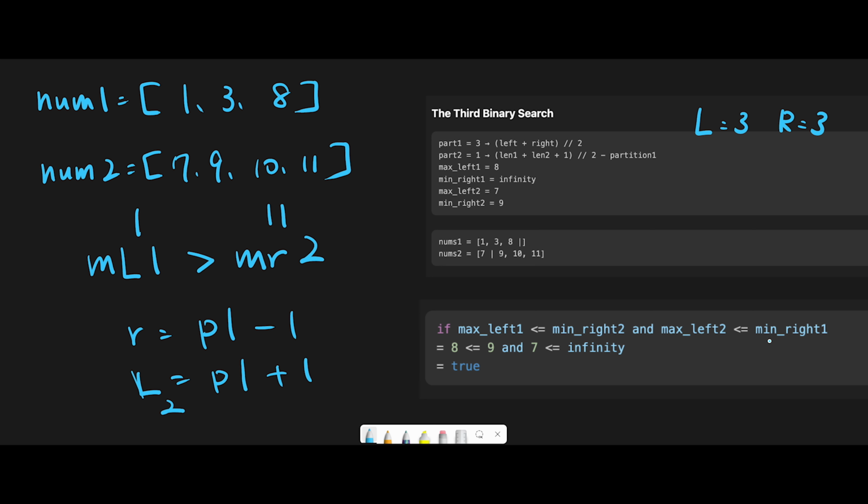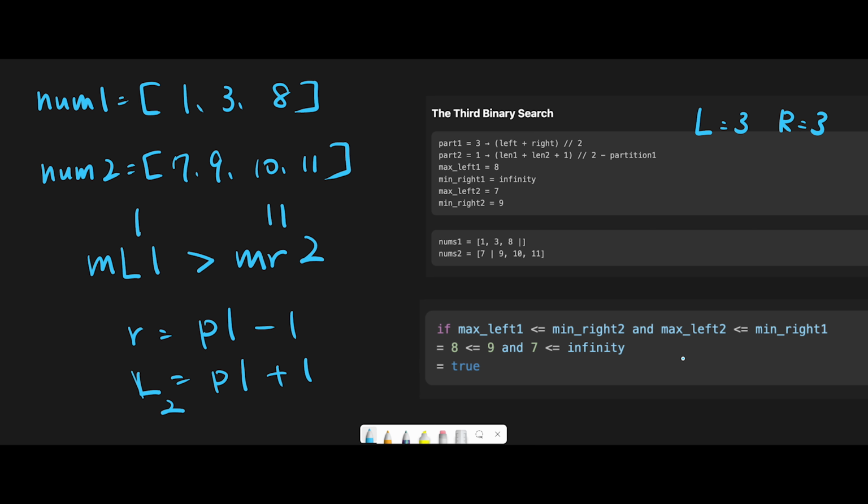We want to ensure it doesn't cause a false result, so we make it always true. To do that, we set minimum right 1 to infinity, which is greater than any number. Since it's the right side of the partition, we use infinity. When we reach the far left of the partition, that means index 0, we use negative infinity. We need the smallest number.